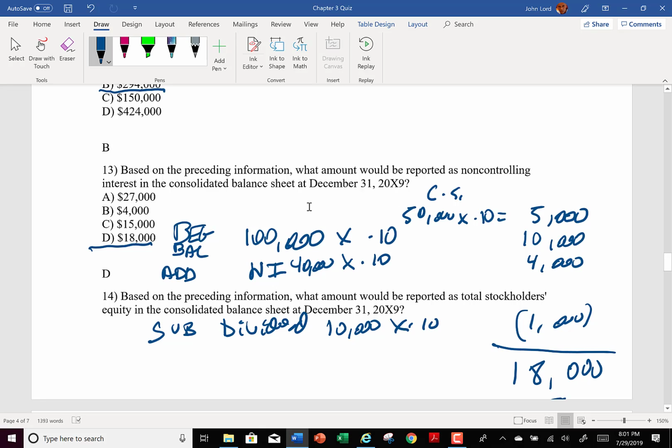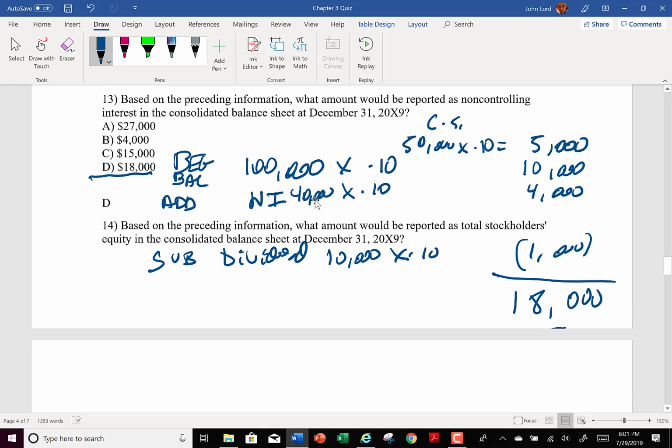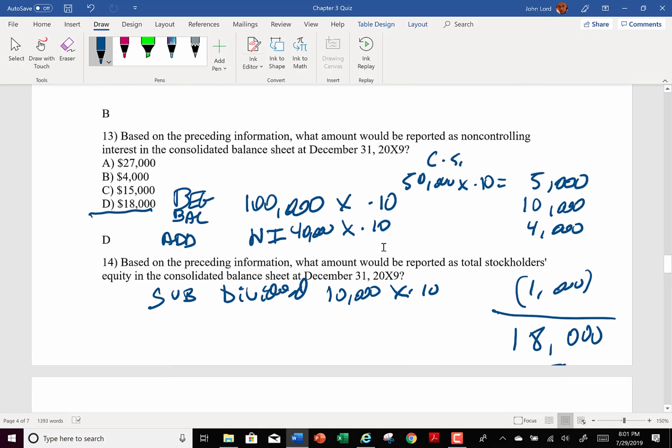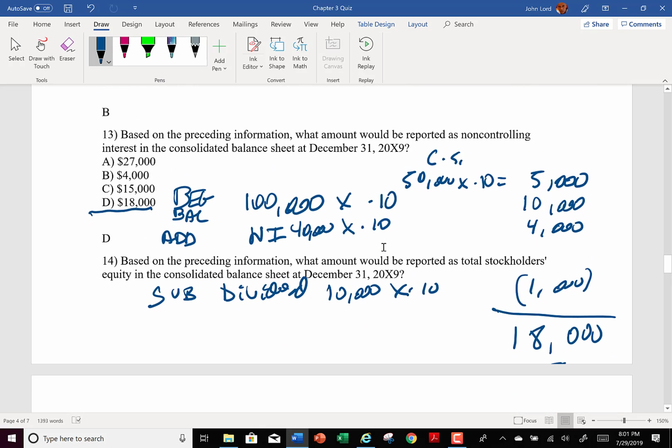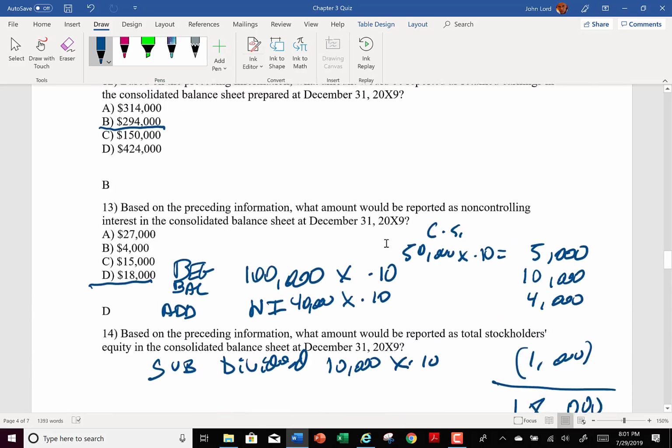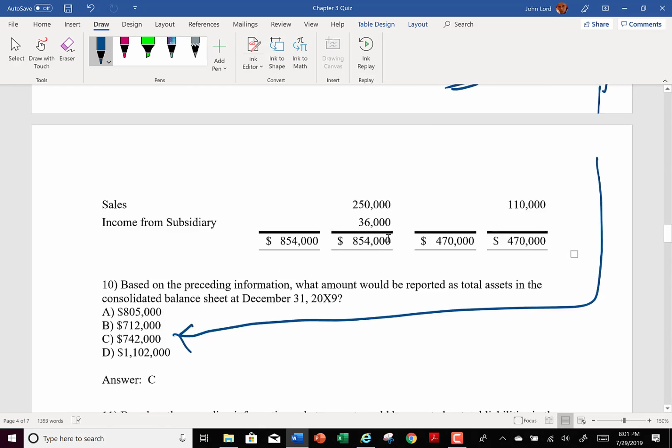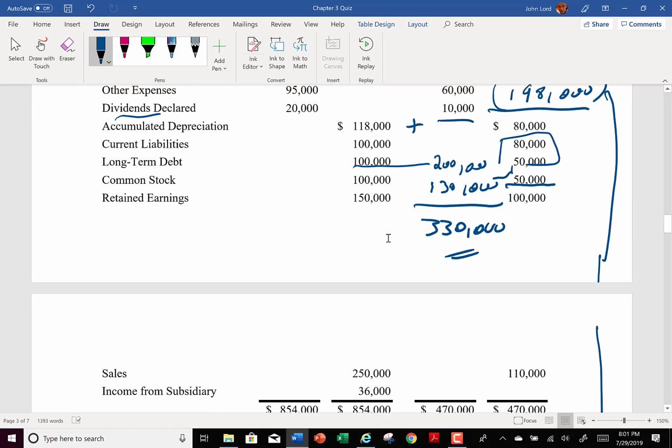Okay, good. Based on the preceding information, what would be reported as total stockholders' equity in the consolidated balance sheet? Now, first off, I know that I'm going to have to pick up the parent's stockholders' equity.